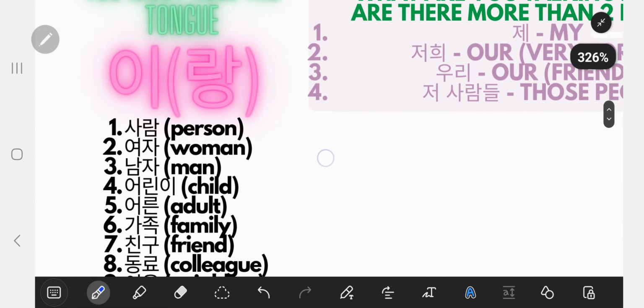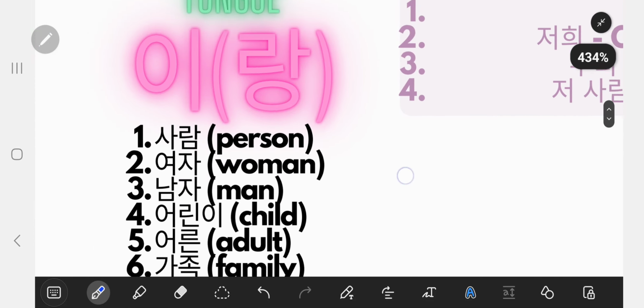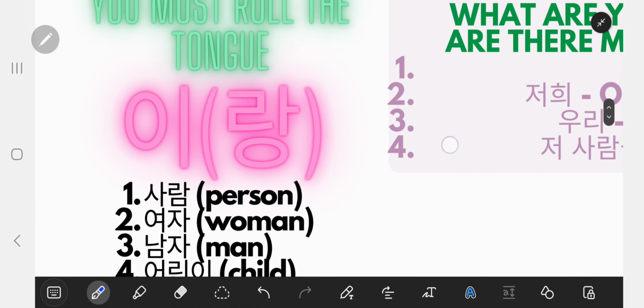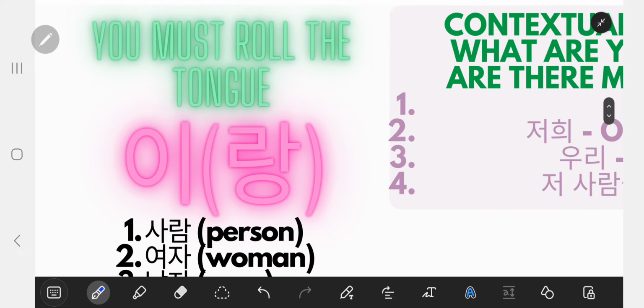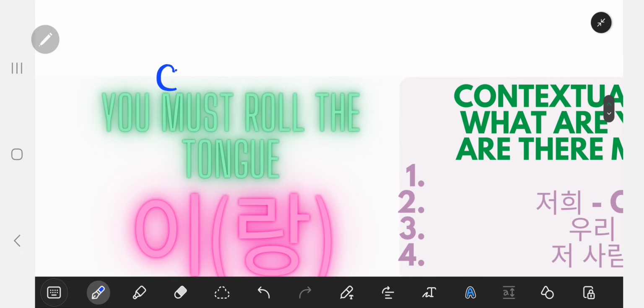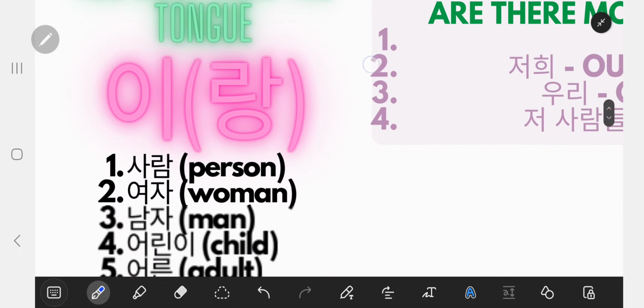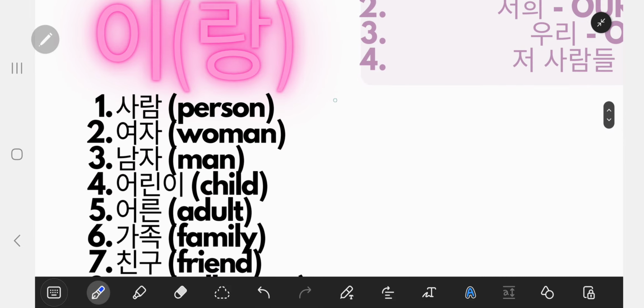So right now we're going to do a little speed test real quick. And I'm going to do the first 5 for you for free. Remember, if it ends in a consonant, you must be rolling your tongue at all times. So for example, this is 사람이랑, because it ends in a consonant. 사람이랑. I can roll my L freely.